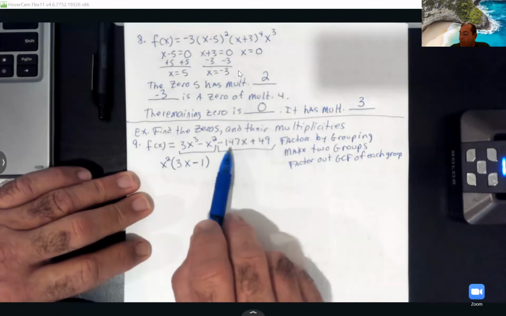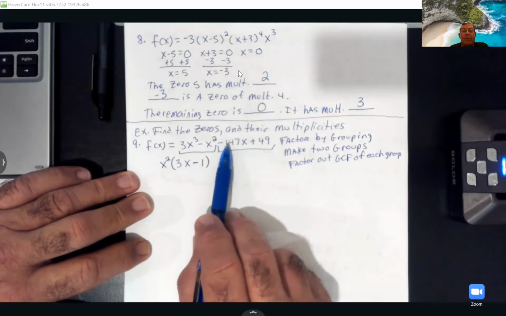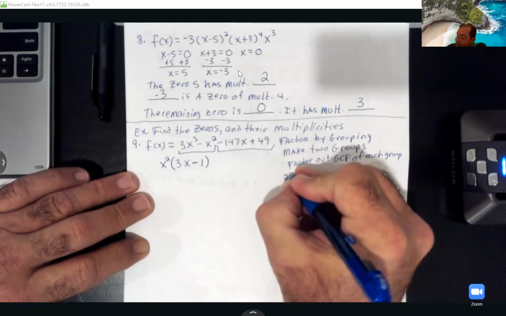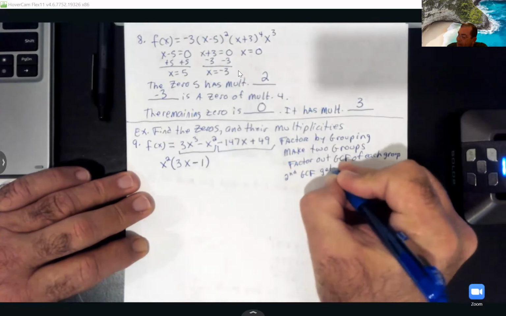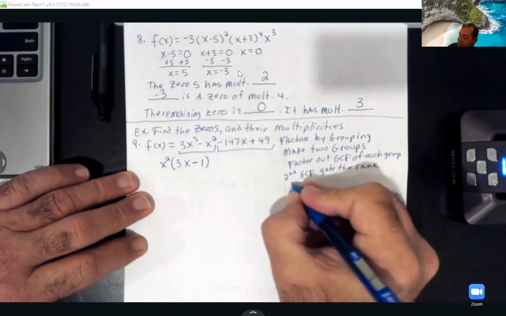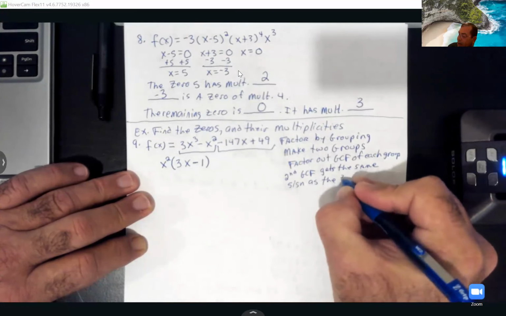Now we're going to factor out the GCF from the last 2 terms. And y'all, here's something you got to think of. That second GCF gets the same sign as the third term.